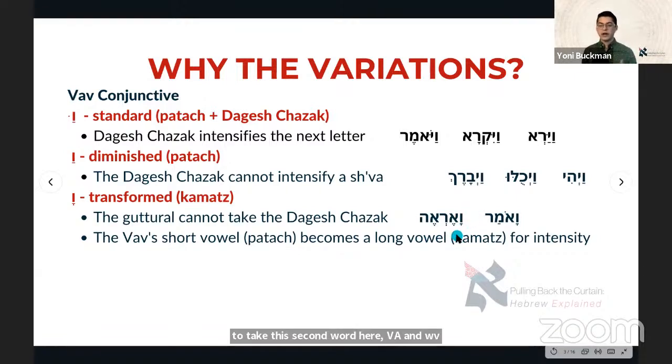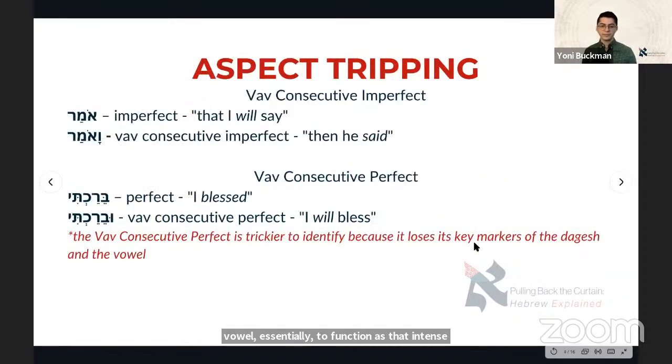There's no shava under that aleph, so the aleph should take a dagesh chazak, but you have these guttural letters like the aleph, the ayin, the hey, the chet, and also the resh as well, which usually cannot take a dagesh chazak. They're guttural sounds, hard to intensify because they're in the back of the throat. And so here, instead of just dropping the dagesh chazak, the vowel under the vav turns from a short vowel into a long vowel, essentially to function as that intensifier.